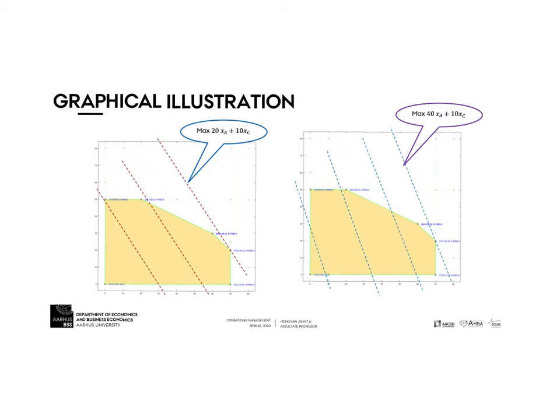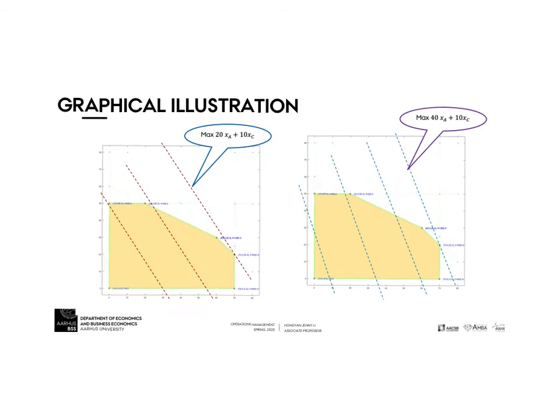Now if we see this is figure A, and this is figure B. In figure A, you have our original objective function. Now if the coefficient for xa is increased to 40, then you can see the iso-profit line of the objective function becomes steeper.